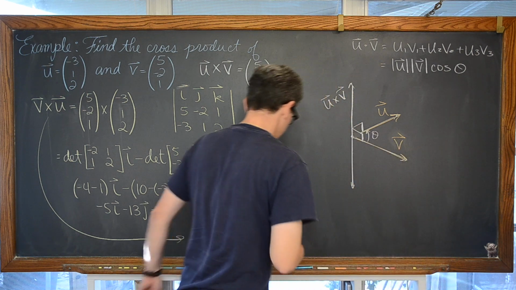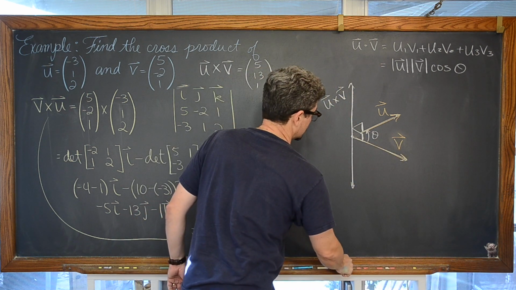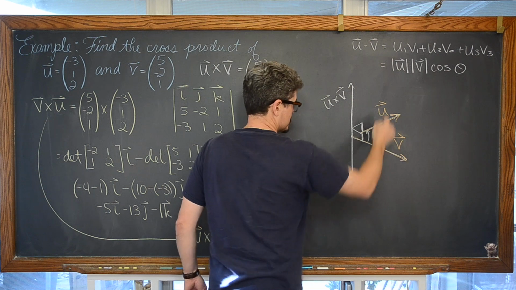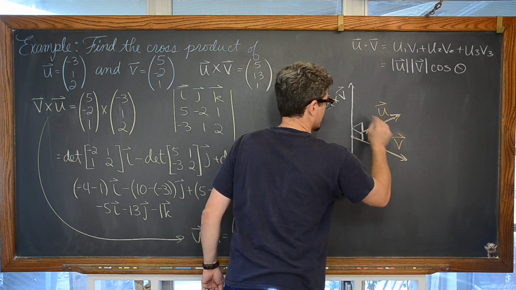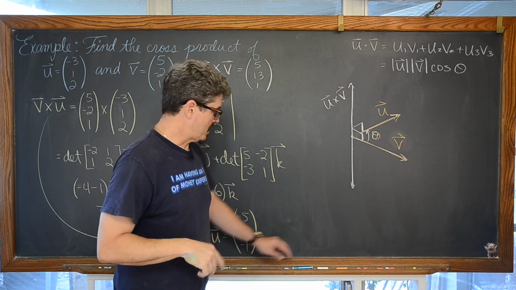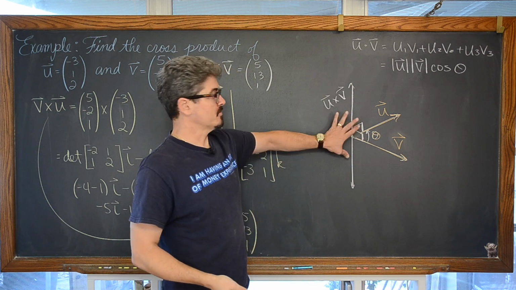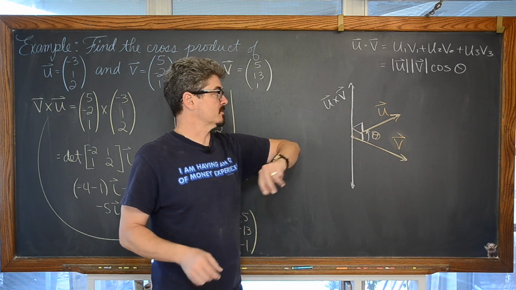So going back to this diagram where we have two vectors that have some angle between them, the cross product is going to be a third vector which is orthogonal to the two given vectors.